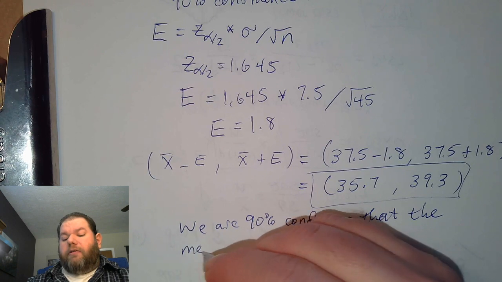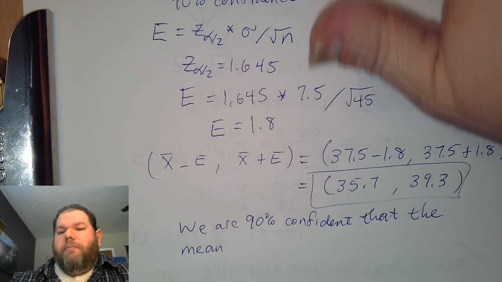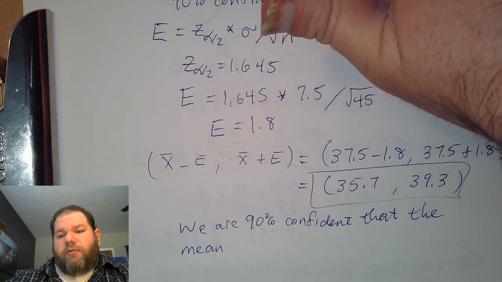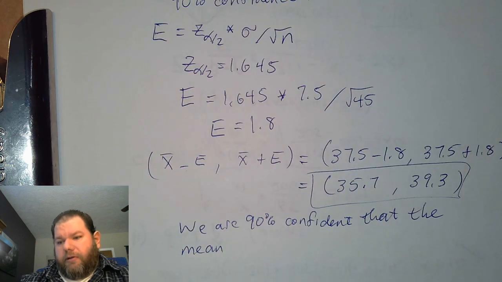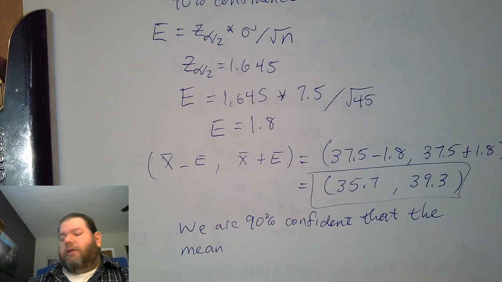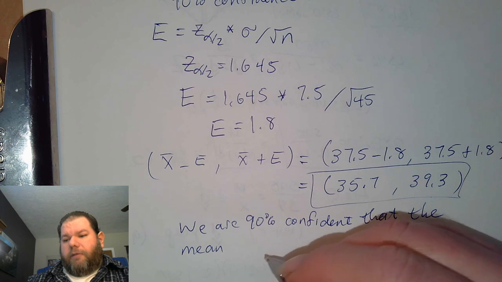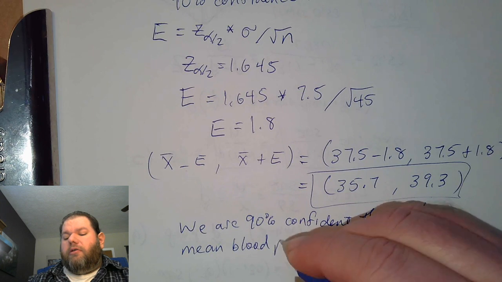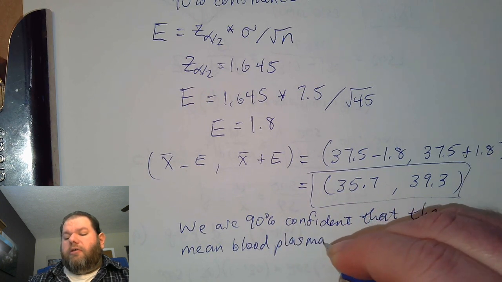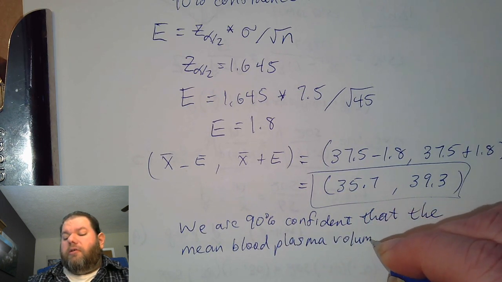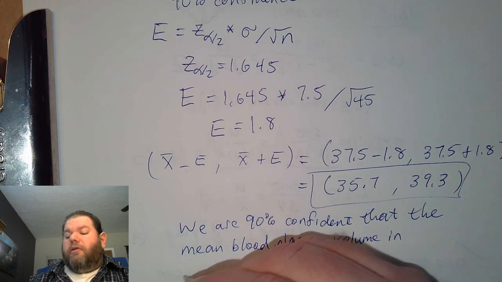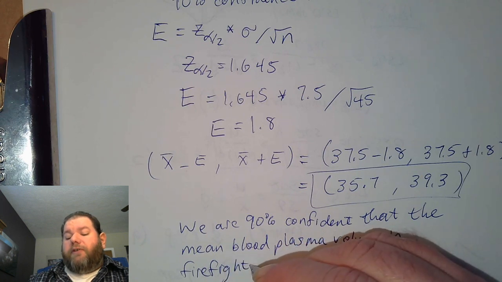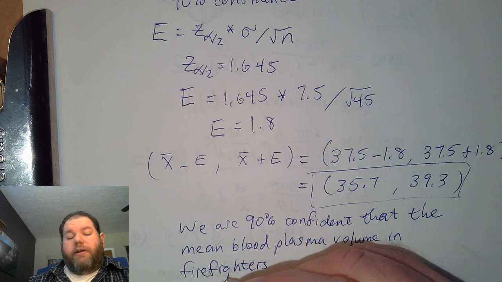mean amount, so let me go back to the problem. We want to make sure we reference the actual problem at this stage. We're talking about total plasma volume, so the mean blood plasma volume in firefighters. Again, we're referencing what it is we're actually trying to find.